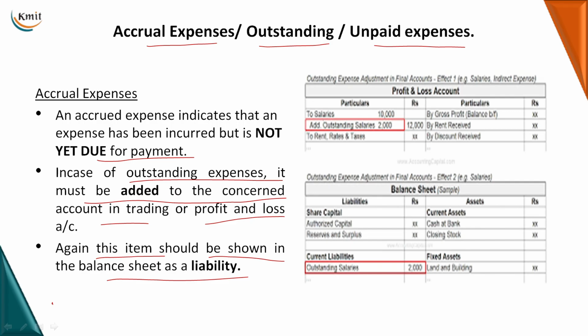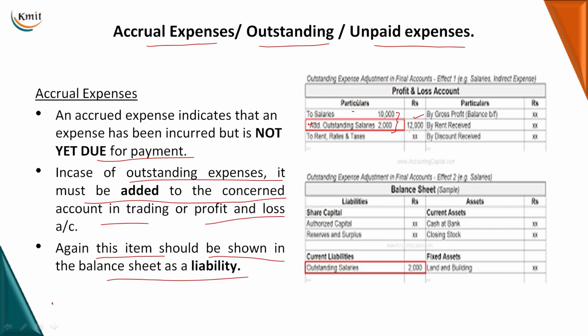So how should it be treated? Salaries is an expense, right? This outstanding expense which is supposed to be paid by the firm but not yet paid will be added to it first, thereby increasing the total amount of salaries, right? So this is the total amount of the salary that is to be paid.